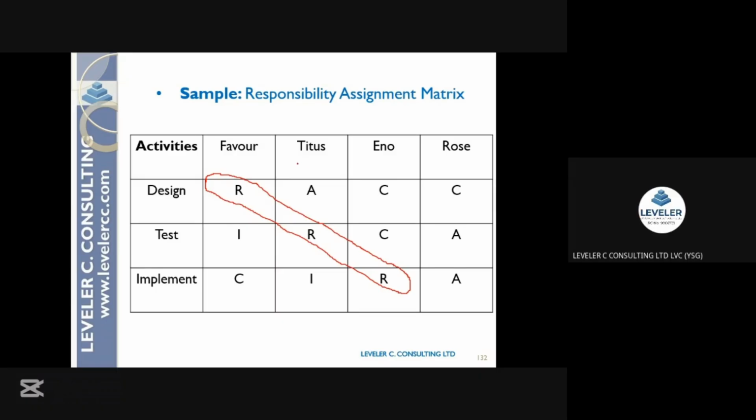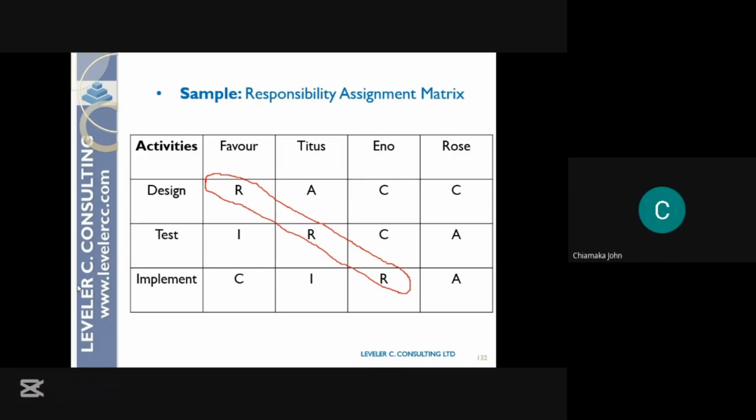But the people who report directly to Rose are who? Titus and Eno, and Favor. Do we get it? Yes. So the most junior staff here is who? Favor. Beautiful. We have gotten it.